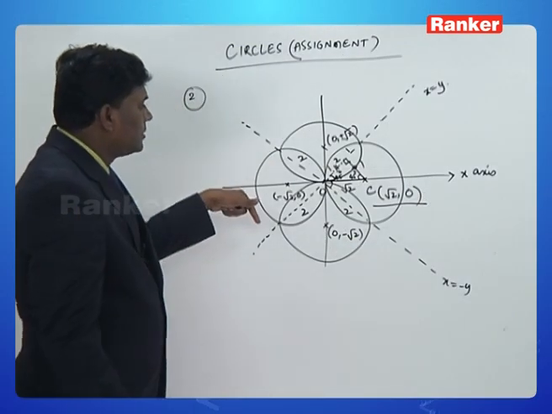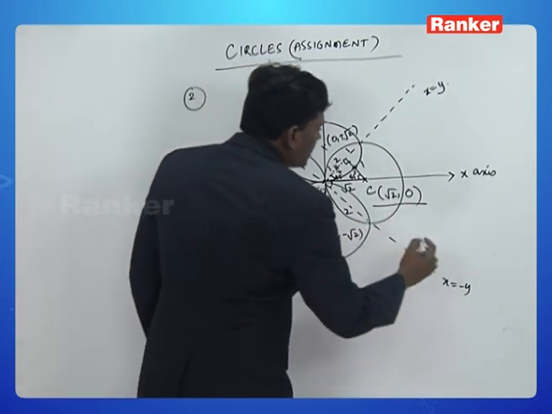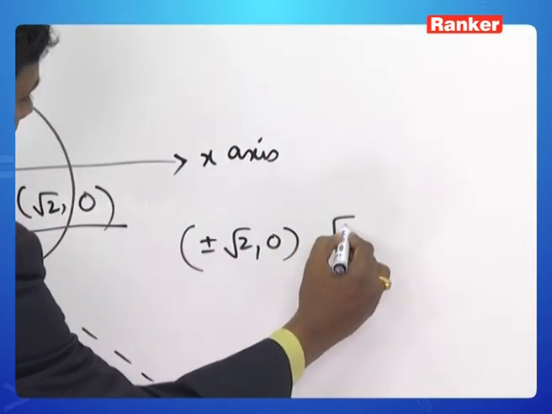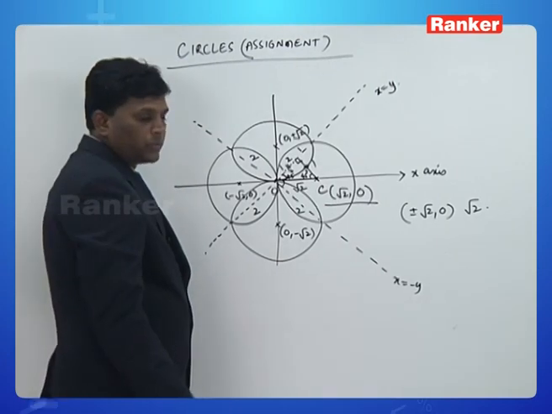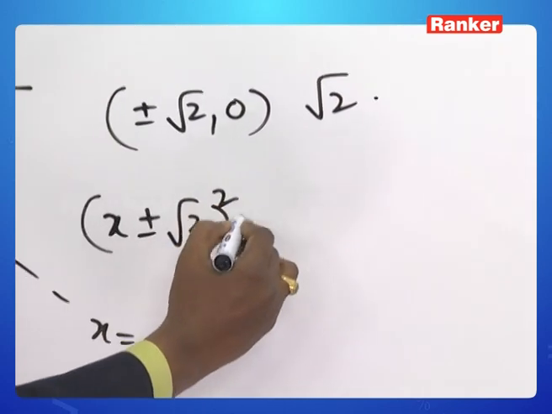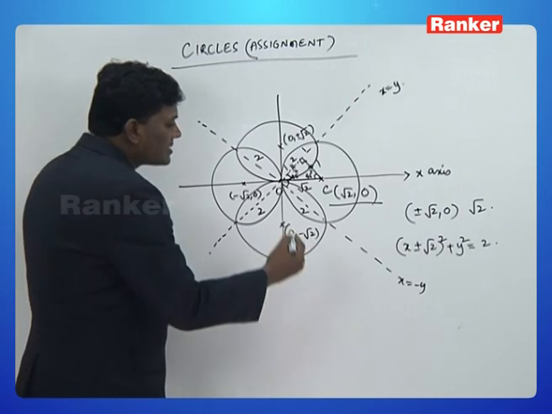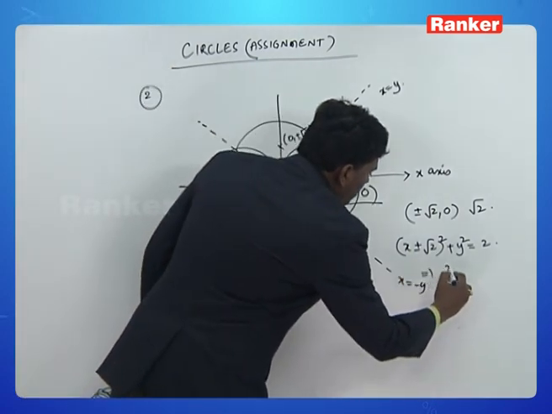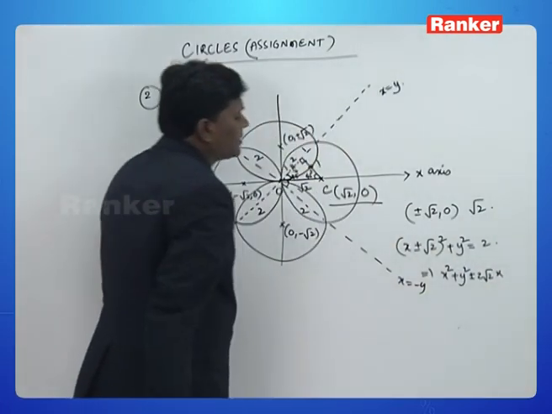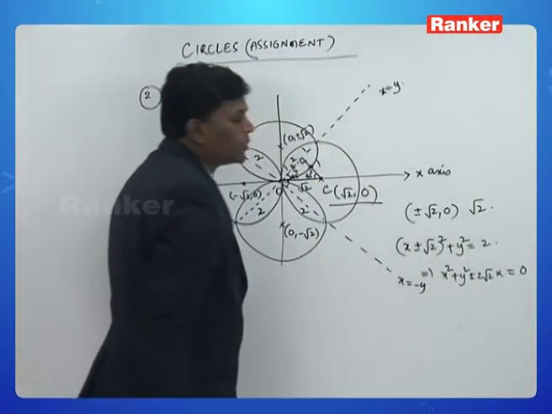Then overall, if we take these circle equations, the first 2 circle centers will be (plus or minus root 2, 0) and the radius is root 2. If we apply the circle equation, (x plus or minus root 2) whole squared plus y squared equals root 2 squared, which is 2. On simplification, x squared plus y squared plus or minus 2 root 2 x equals 0, on cancelling on both sides.